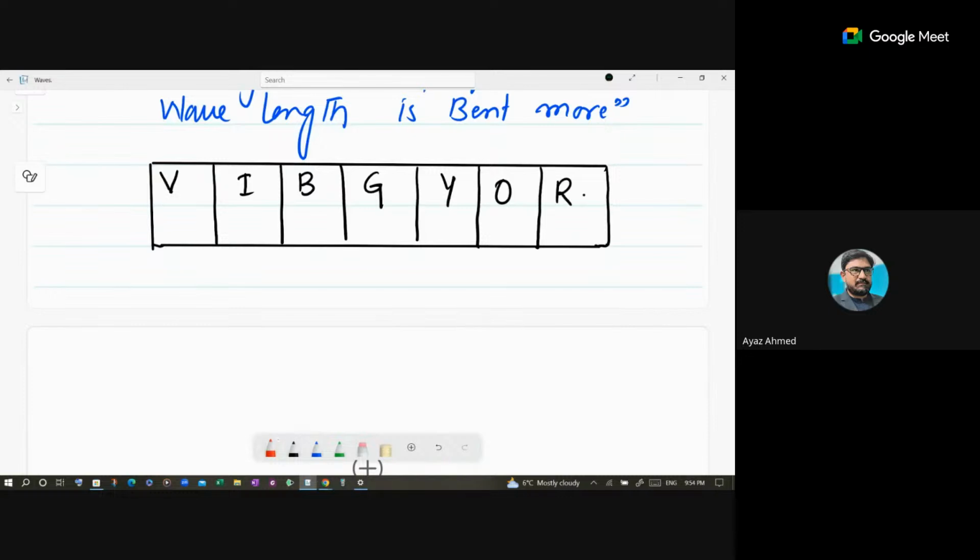Its wavelength is 400. This is basically wavelength in nanometers, right? So 400, 450, 500, 550, 600, 650, and 700 nanometers. Remember this thing. Red has the largest wavelength, and violet has the smallest wavelength.